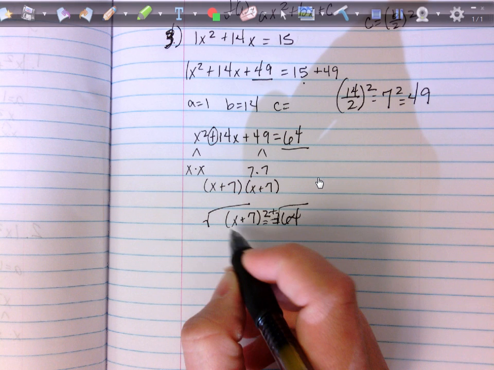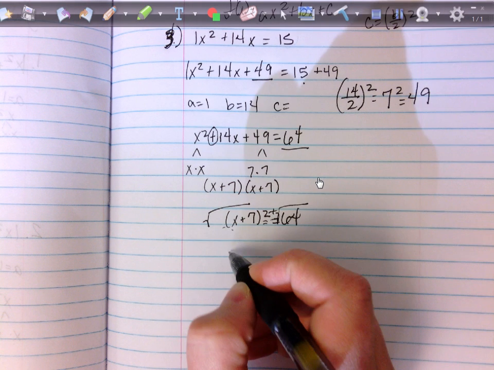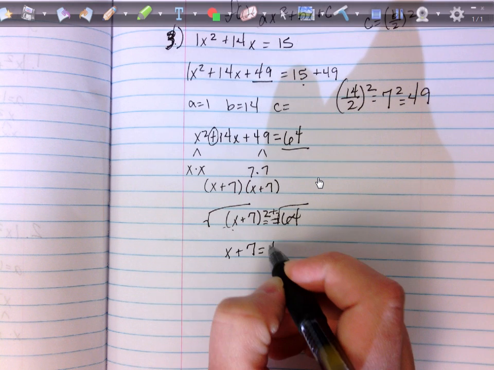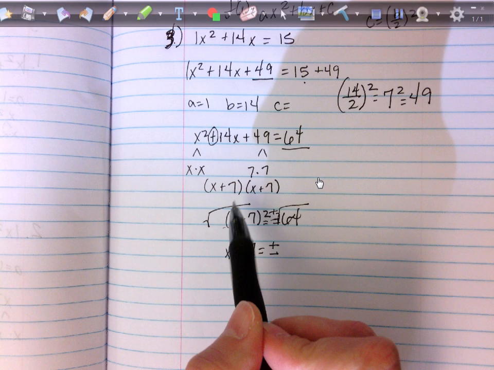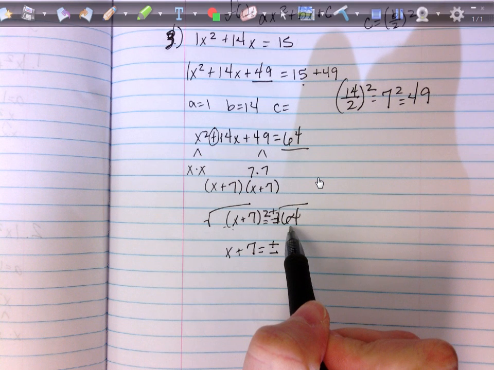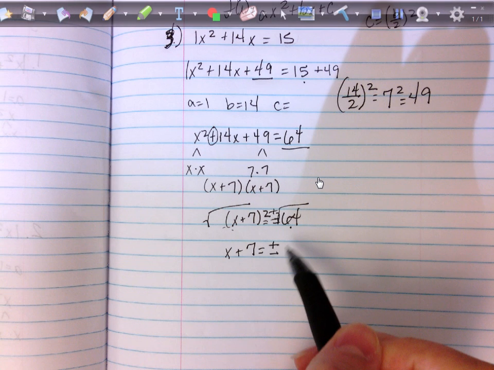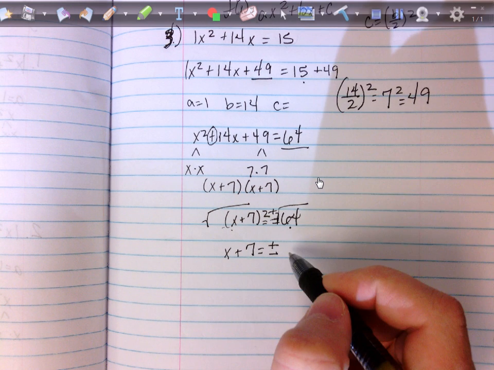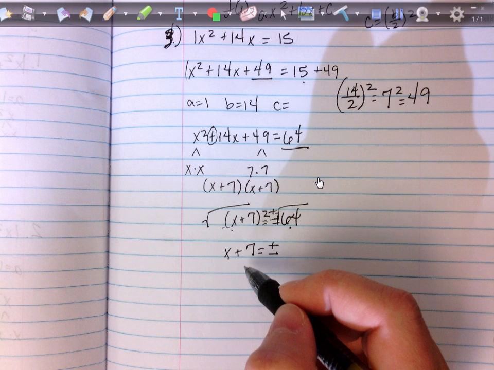So we're going to take the square root of x plus 7 squared, which is going to give us x plus 7. And then on the other side, we're going to take plus or minus the square root of 64 because we did it on this side, so we have to do it on that side as well. And again, we're using the plus or minus in front of the square root sign here to say that whatever the square root of that is, it is going to be either positive or negative, and it's still going to give us the same answer.